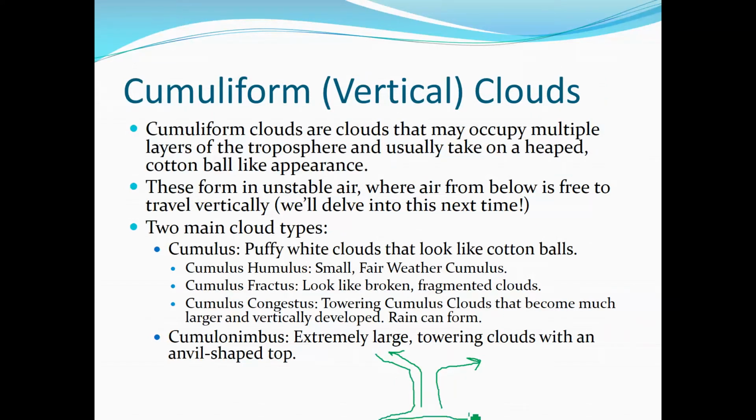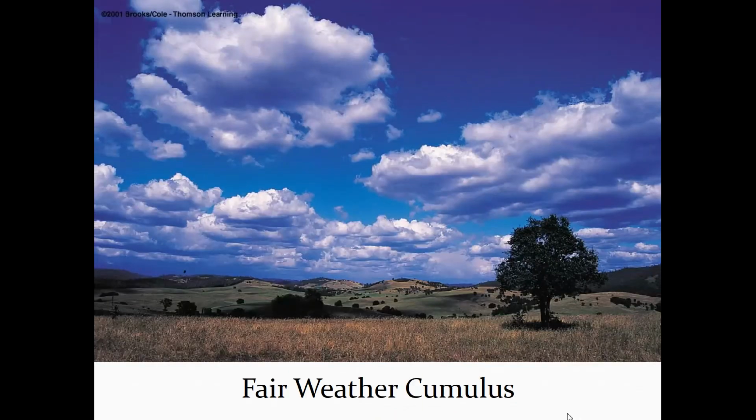So if you've ever seen Looney Tunes, I know that that's old school, but if you've ever seen Looney Tunes before, and Wile E. Coyote has the anvil, this is what that looks like. The top looks like an anvil. These are also referred to as anvil heads, pretty often.